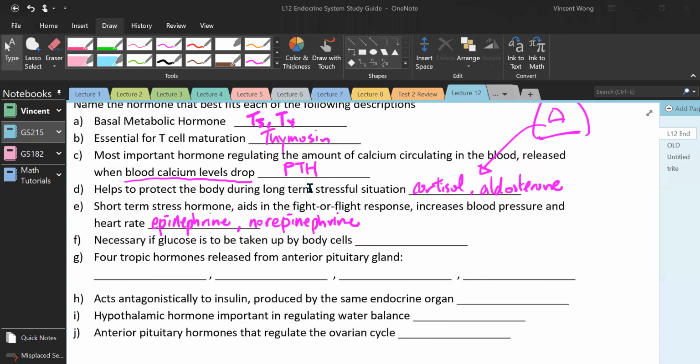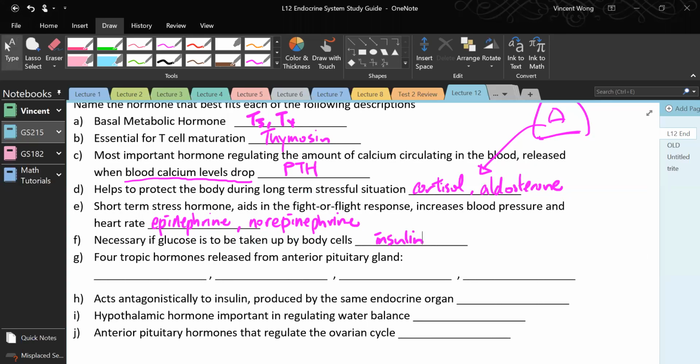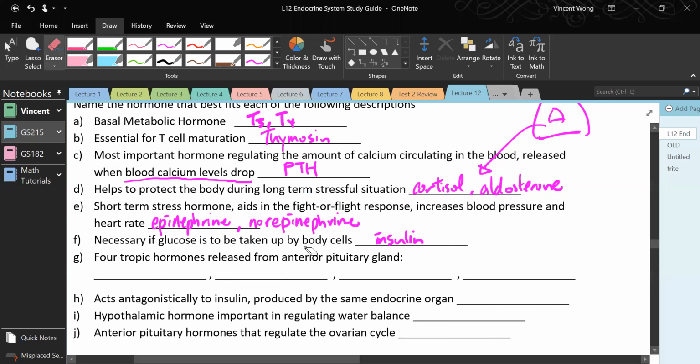If you're thinking insulin, that would be correct. Glucagon is going to be released when you don't have enough glucose, when you're fasting. So your cells want to take up the glucose when you have too much, and insulin will help you do that.